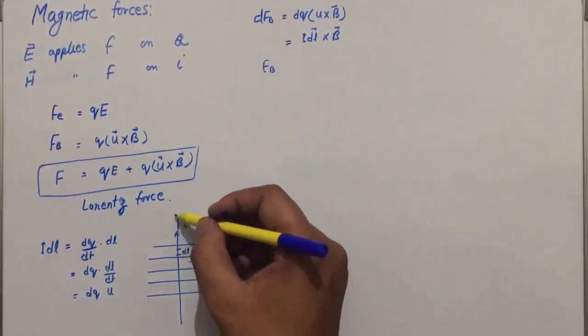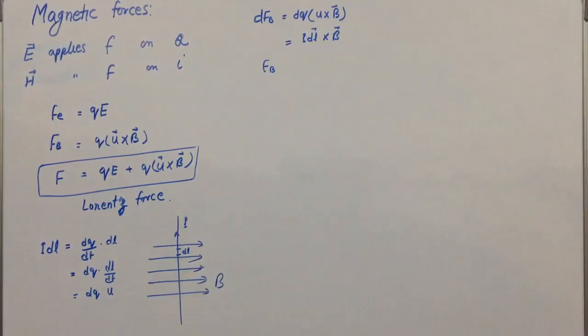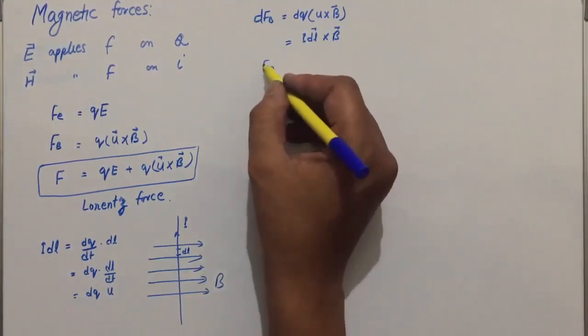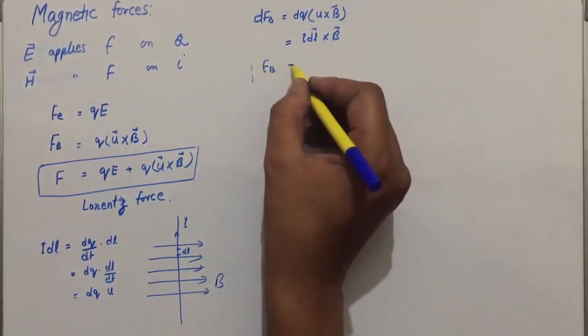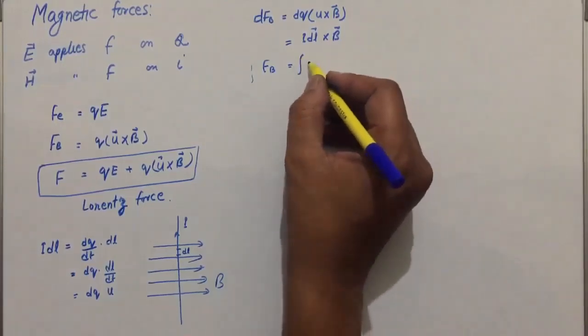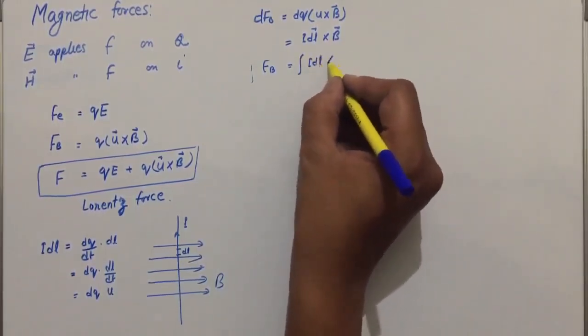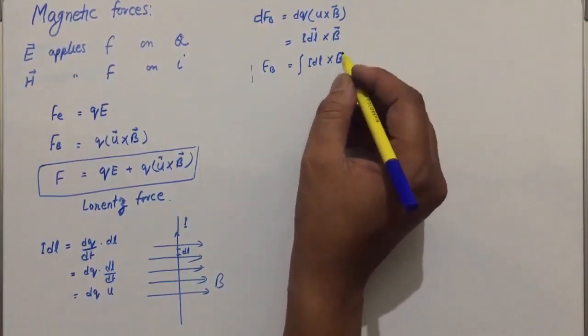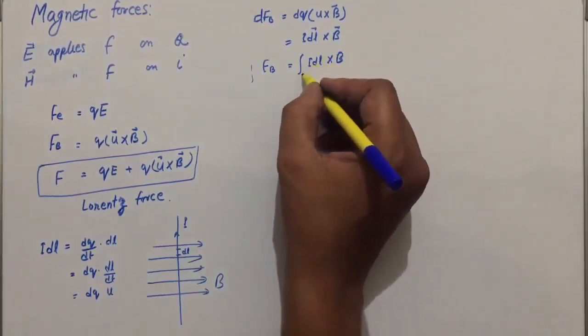If we wish to find it for the full length of the conductor which is in the magnetic field, then we integrate I dL cross B over the full length.